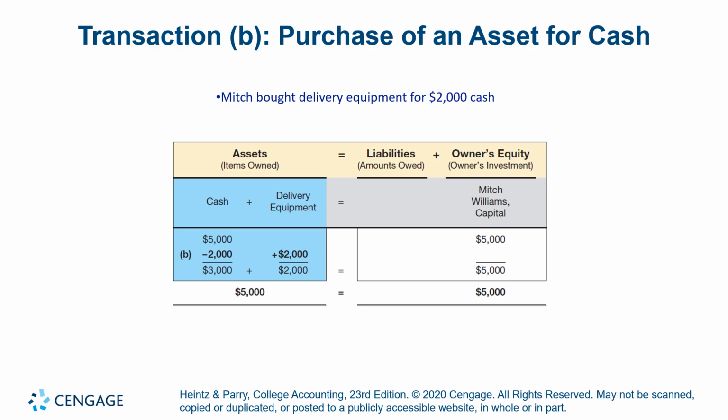But we have a new asset account of delivery equipment, and that's going to increase by $2,000 here. Okay, and then when we bring down the totals, 3,000 plus 2,000 equals 5,000 on the asset side, and then over on the other side we still have the capital of 5,000. So you can see our equation still balances.